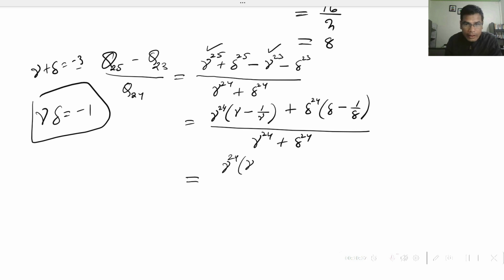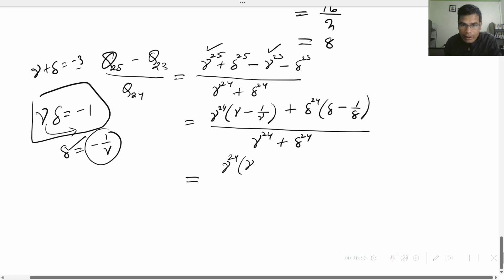Just see here, if we take gamma this side, we'll have delta is equal to minus 1 by gamma. So minus 1 by gamma is delta. In place of this minus 1 by gamma, we can write plus delta.